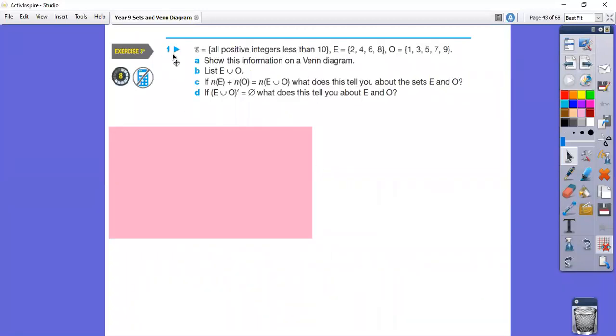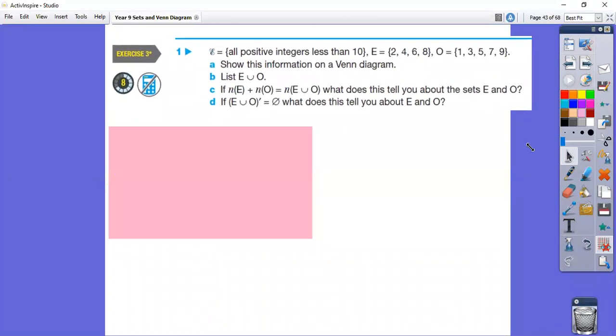So if we look at the first question, it says the universal set is all the positive integers less than 10. Remember, integers are your counting numbers. Set E has the elements 2, 4, 6, 8, and set O has the elements 1, 3, 5, 7, and 9. Show this information on a Venn diagram.